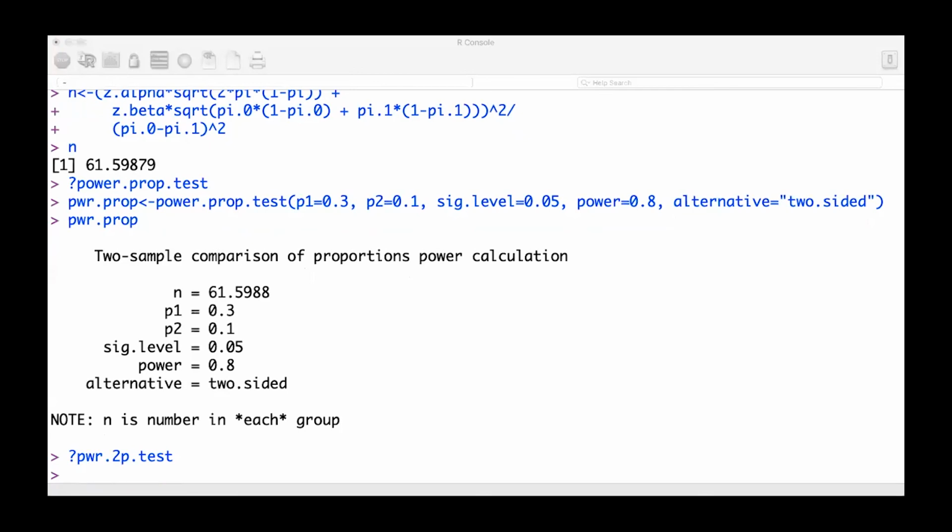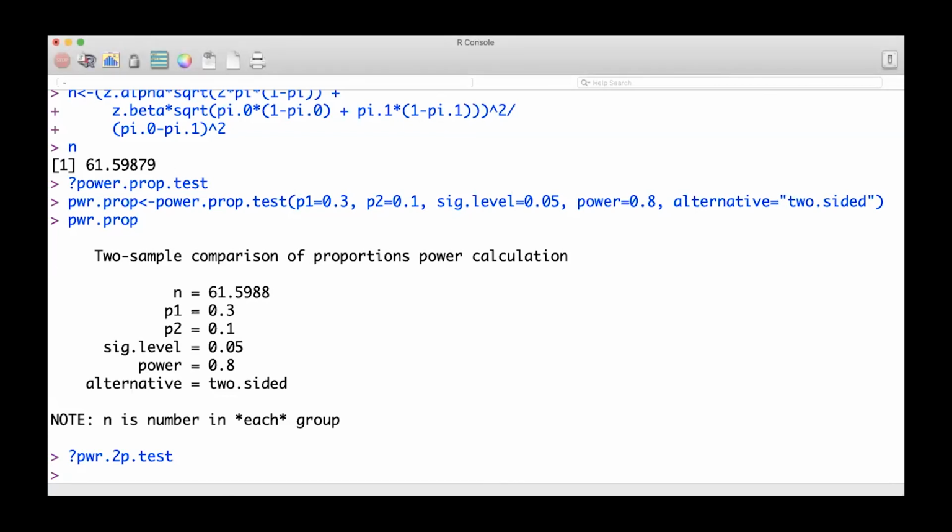Note that it's required for the user to pass this term called h. h is actually the effect size rather than the difference between the null and alternative proportions. Now, there is a function for calculating the effect size, which I'll show you in a minute, but we want to pass to it the effect size, probably leave n blank because we already have our power specified as 0.8. And we can leave alternative at the default of two-sided, or we can put that in.